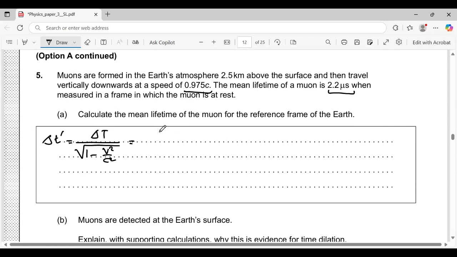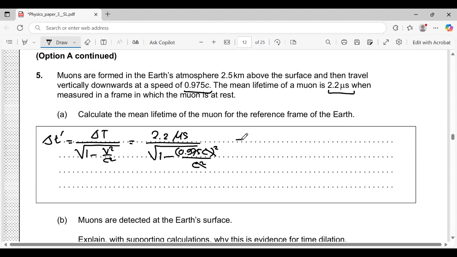So this is 2.2 μs over the square root of 1 minus (0.975c) squared over c squared.